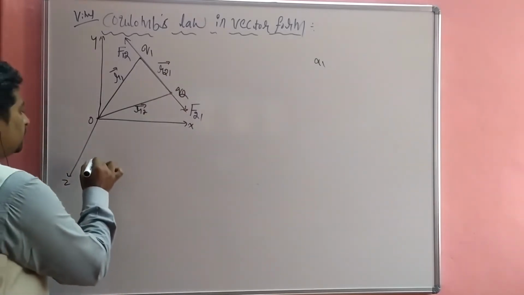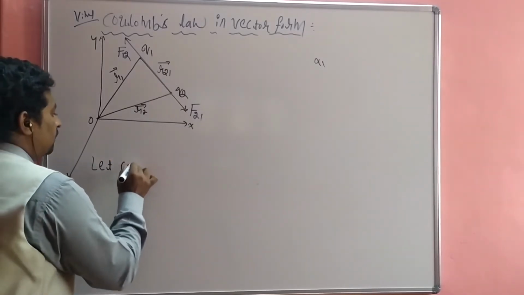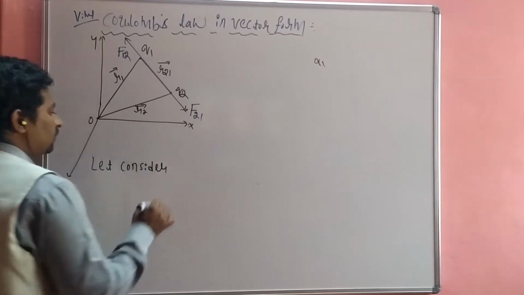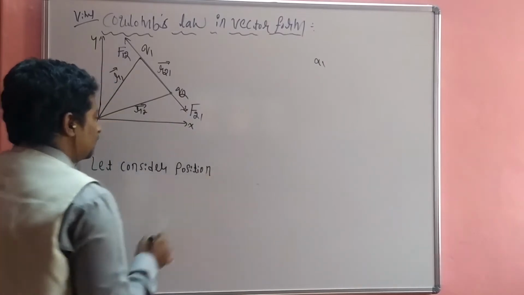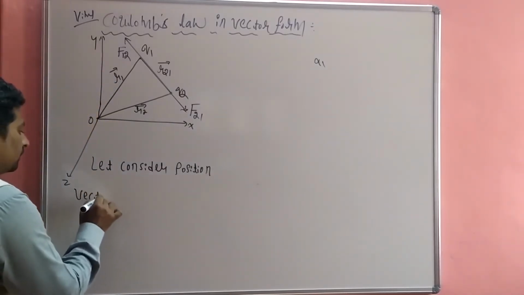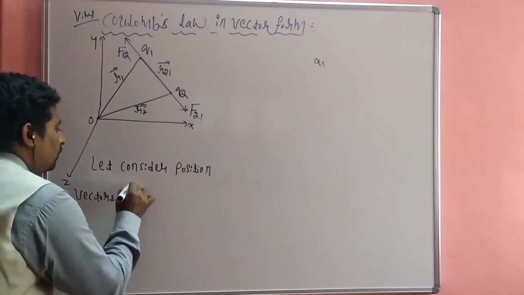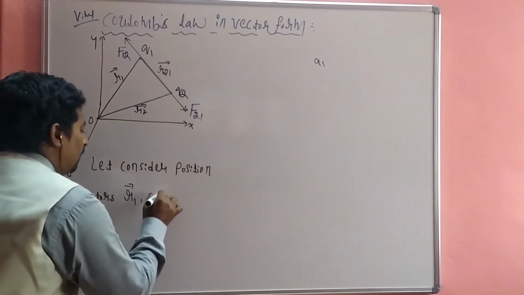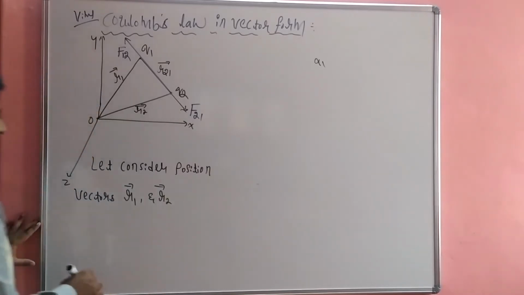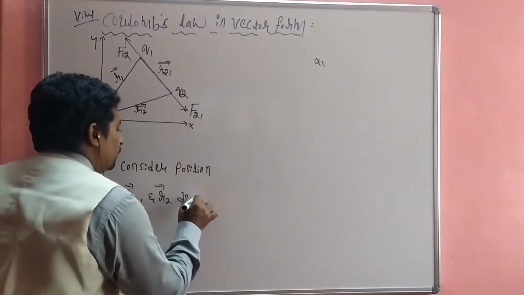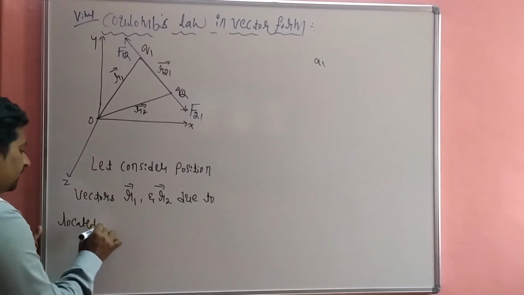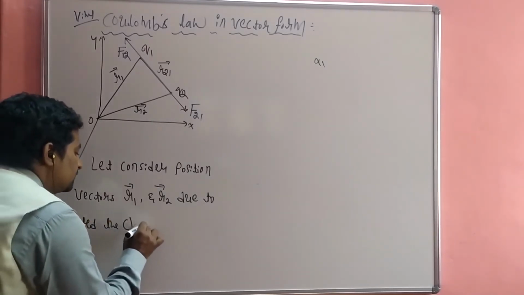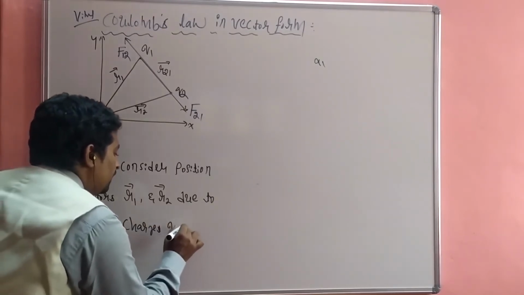So let's consider the position vectors R12 vector and R21 vector for the charges Q1 and Q2.